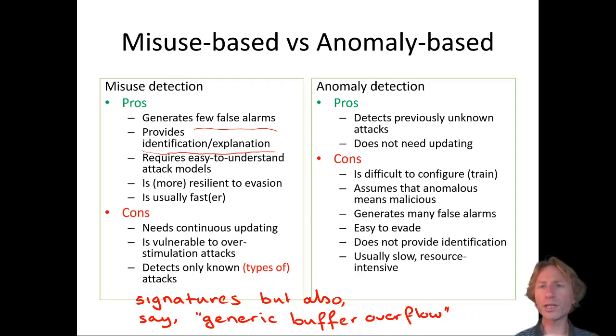Anything that changes the control flow in a program might be considered a pattern of misuse. Whenever we, for instance, see a change of the value of the return address on the stack that is coming from an untrusted source, that might be classified as an attack. That is misuse detection. So it's a little bit more generic than just this one particular exploit. It's a class of attacks in some cases.